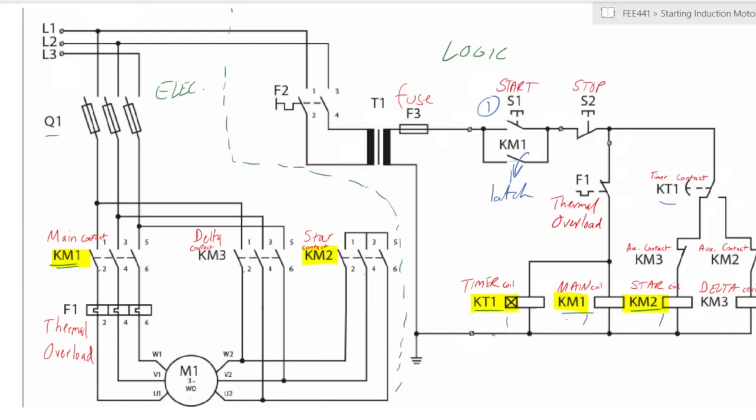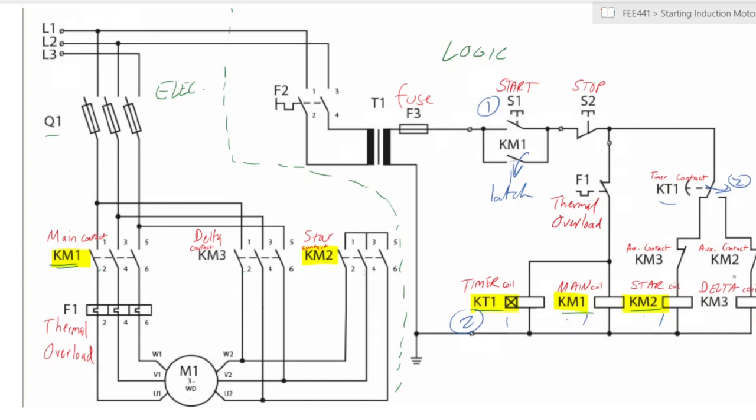So now step 2 is the timer KT1 runs out its time, say 30 seconds or 1 minute or whatever it is, at which point it will switch this one to the second position. At this second position, it disconnects KM2, all right, and it connects this line. That branch is now connected.